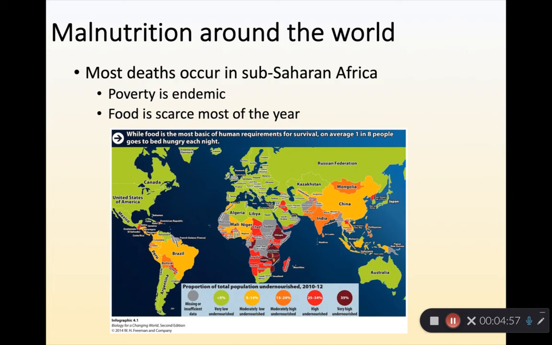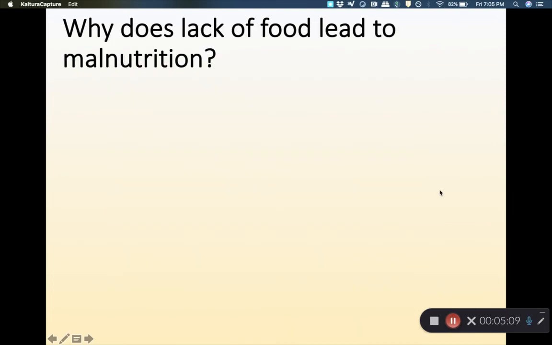So we have this vicious cycle of poverty, conflict, and climate-related factors that are influencing malnutrition rates around the world. But I want to bring us back to the critical question that we're going to be looking at in this lecture: why does a lack of food lead to malnutrition?